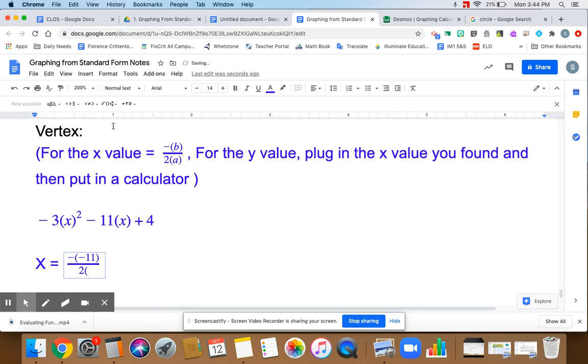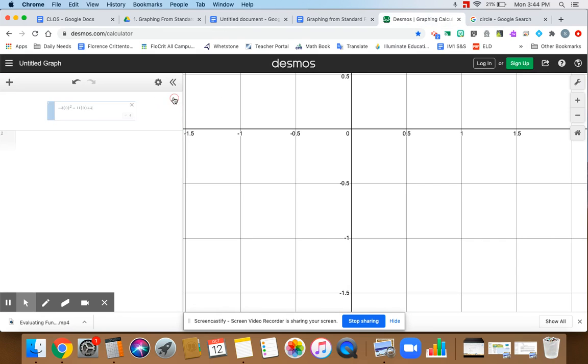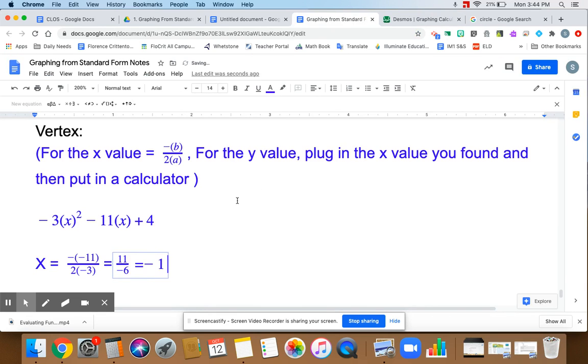And what is a? -3. If I do that math, -11 becomes +11. 2 times -3 is -6. And 11 divided by -6 is -1.8333. What a weird vertex.